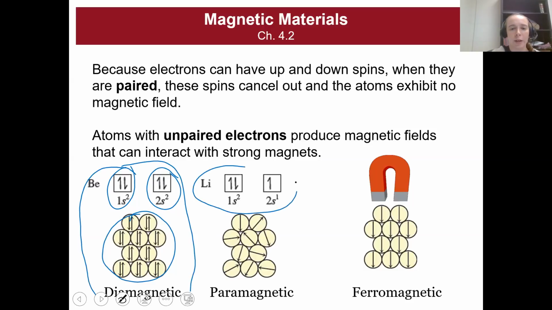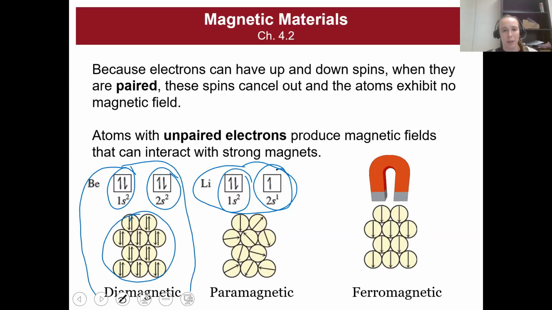Lithium, on the other hand, is atomic number 3. It comes right before beryllium on the periodic table. And lithium has a full 1s orbital, so it's 1s2 for those first 2 electrons, but then it has an extra one that has to fill the 2s orbital. But that one is by itself because we have a pair in the 1s orbital, and then we have one more left over by itself.